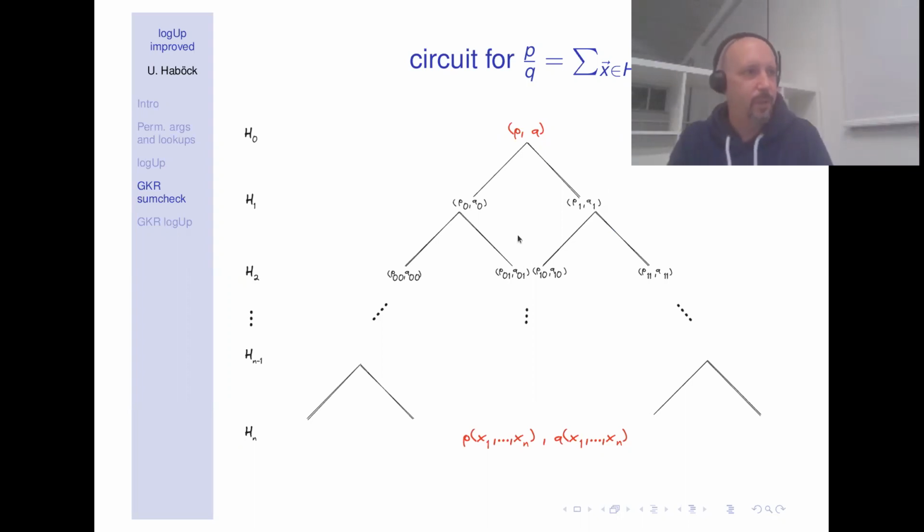The circuit goes as follows. It's like every sum check or grand product, it's a tree-wise circuit. So on the bottom layer, the layer for the hypercube of dimension n, we have given all the p's and the q's, all the numerators and the denominators of the fractions I want to sum up.